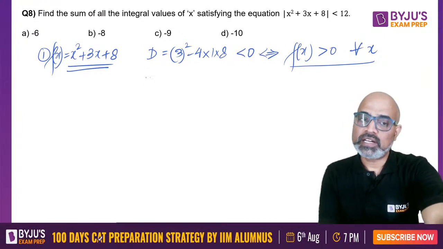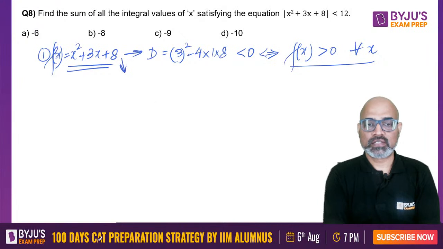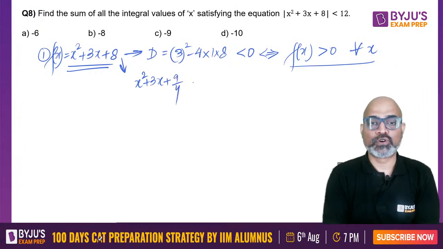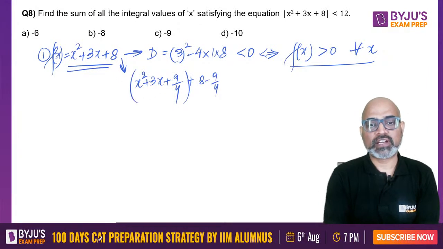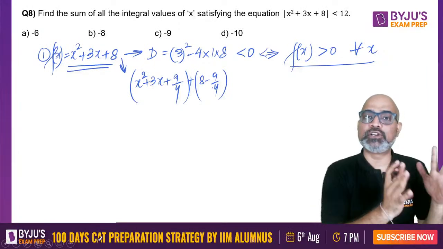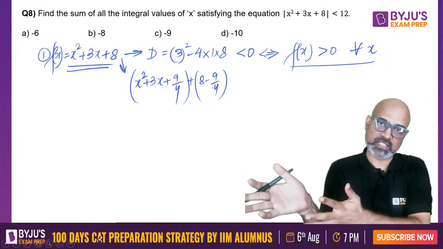There is another way to understand the same thing. The other way is, if I try to make a perfect square, x square plus 3x plus 9 by 4 plus 8 minus 9 by 4. So what I have done is, I've broken down 8 into two parts, 9 by 4 and 8 minus 9 by 4.